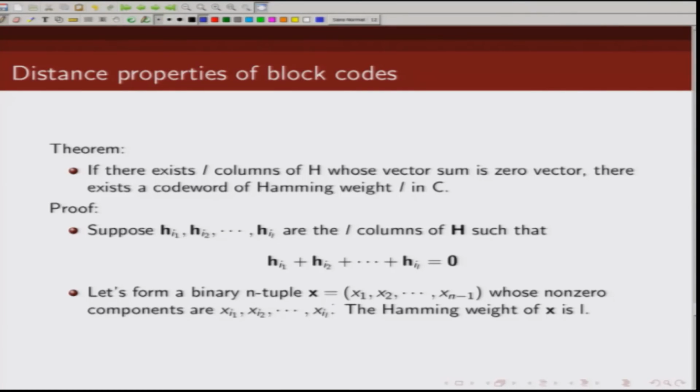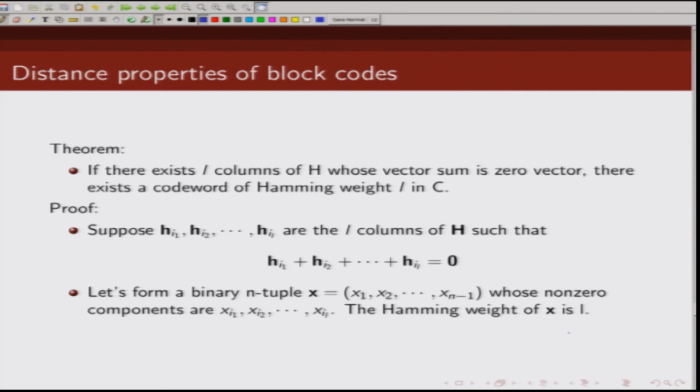Now, let us consider an n tuple, we denote it by x, whose non-zero components are given by xi1, xi2 up to xiL. In other words, at L locations, this n tuple is non-zero. So, the Hamming weight of x is L.